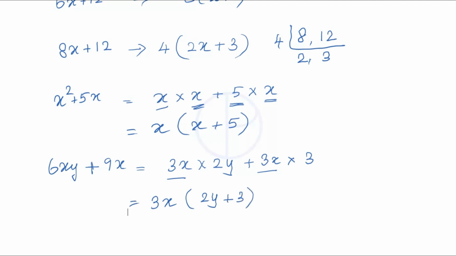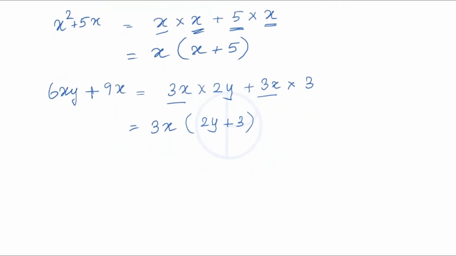Next, let's try this: 40xy plus 30x minus 100y minus 75. Let's solve this by grouping. Group the first pair of terms, 40xy and 30x.